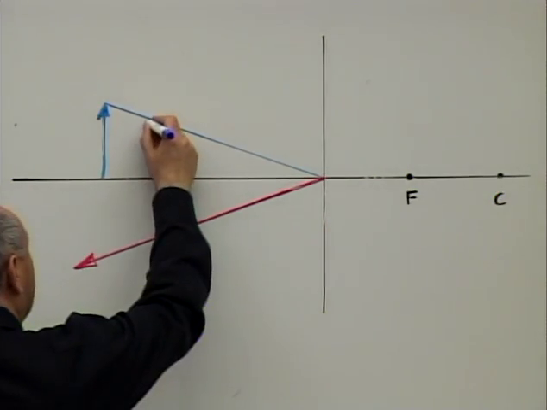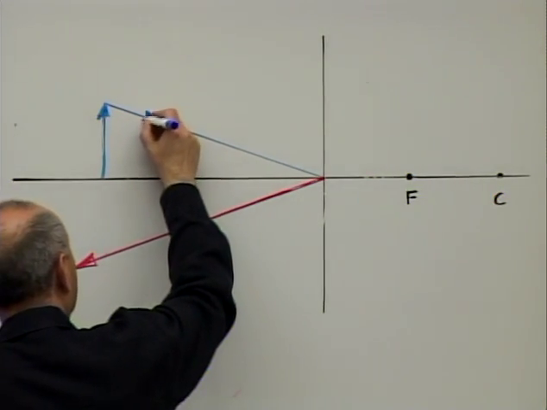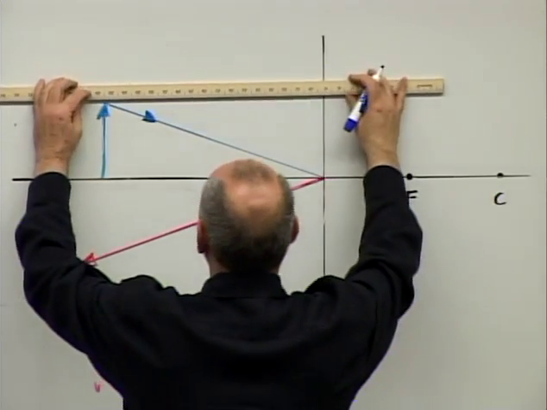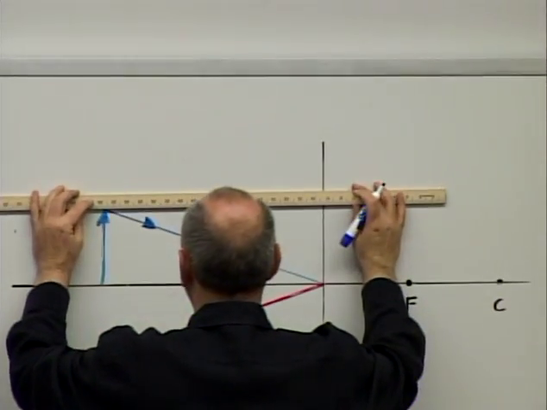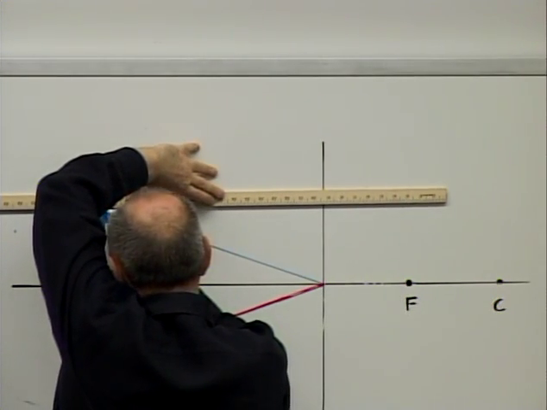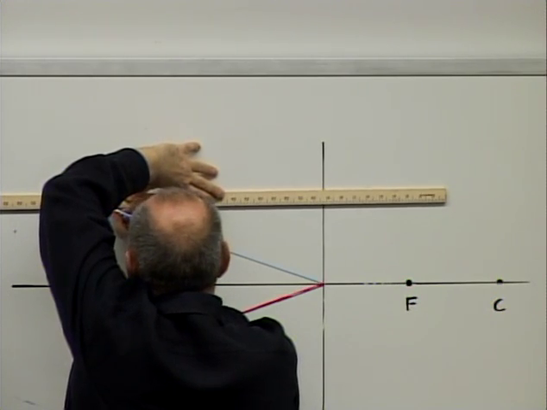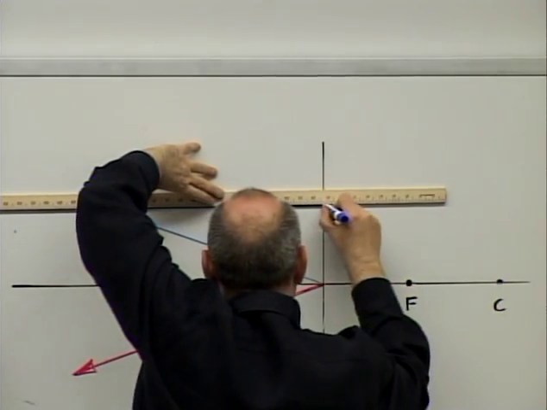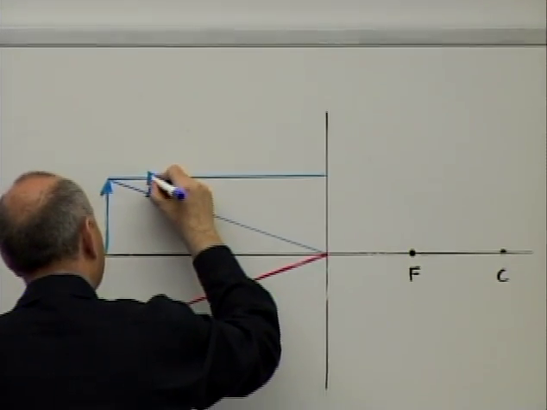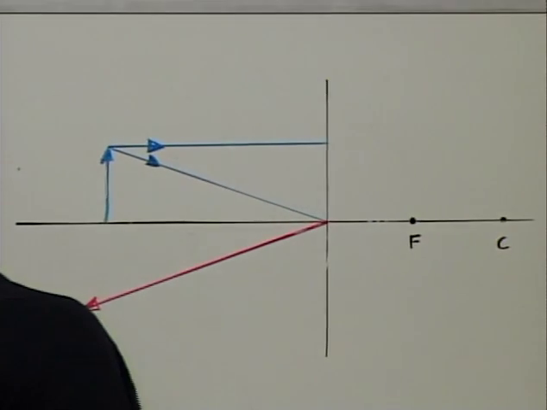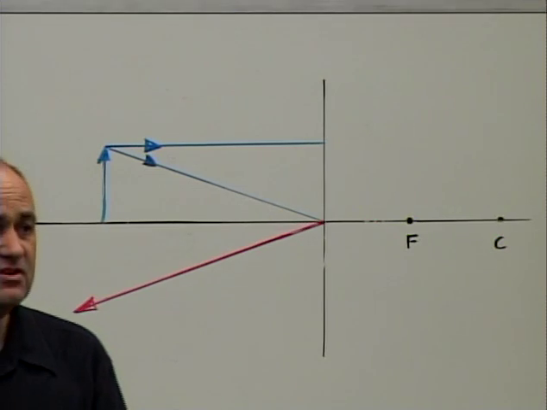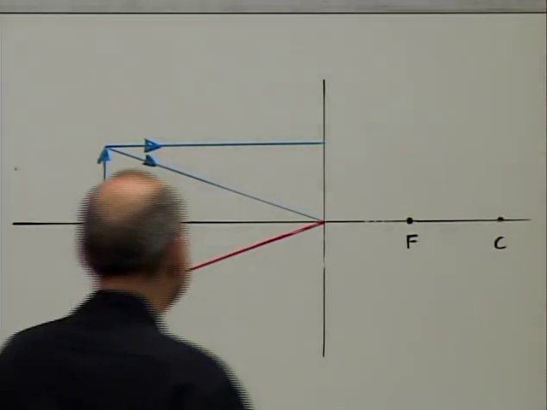All right, another one. Let's use object parallel. And how about if I try to pull your leg now? It's going to be reflected as the image focal ray.